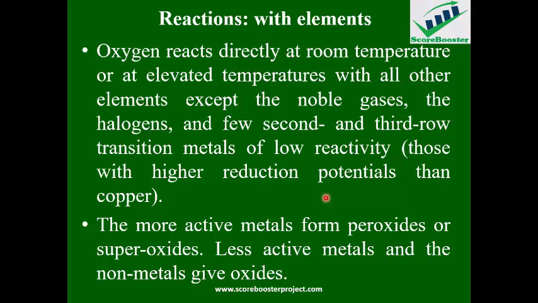But less active metals give oxides, like aluminium oxide. The reaction of aluminium with oxygen cannot form aluminium hydroxide, so it forms aluminium oxide. So the more reactive an element is, the more likely you have peroxide and superoxide formation. When you have less reactive metals, then we have the metal oxide.